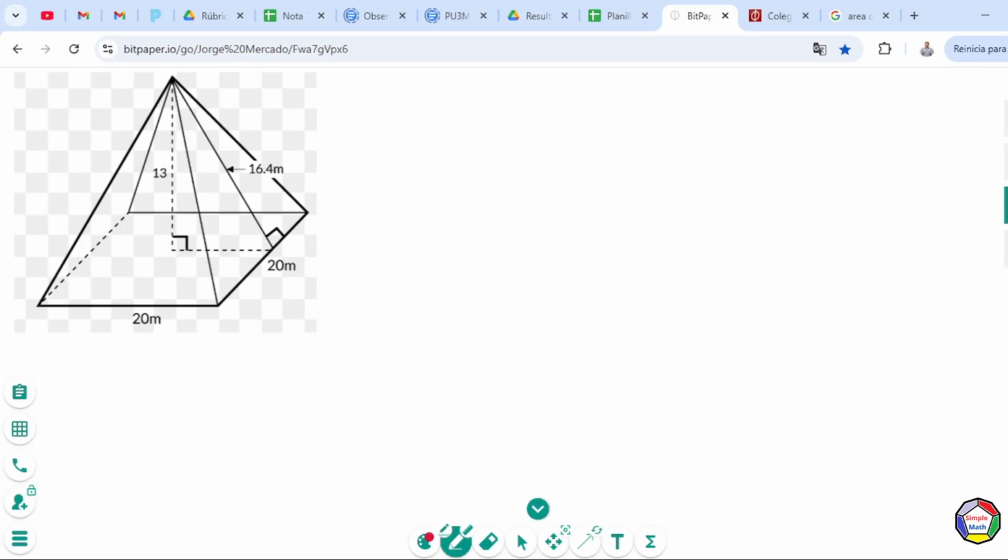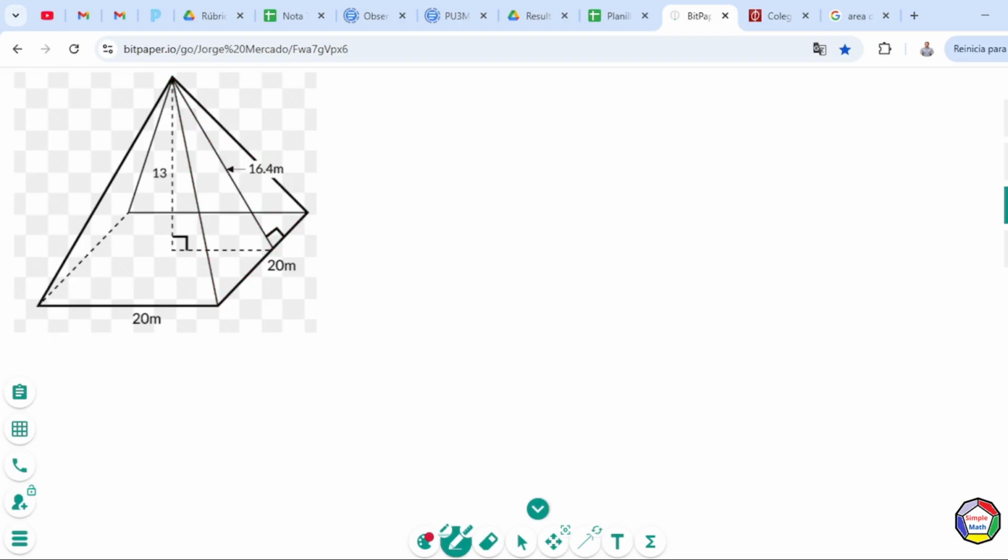For the surface area, apart from having the height of the pyramid, we need to know also the measurement of the height of this triangle. You see, this is a triangle, and this one is the height, and we have that value. For the surface area, we need the height of one of the faces.